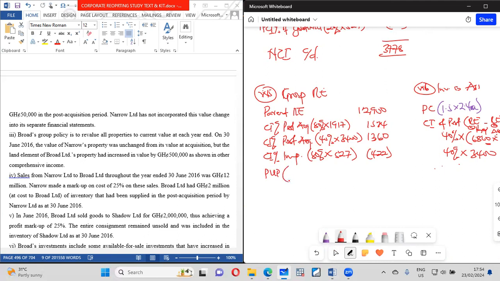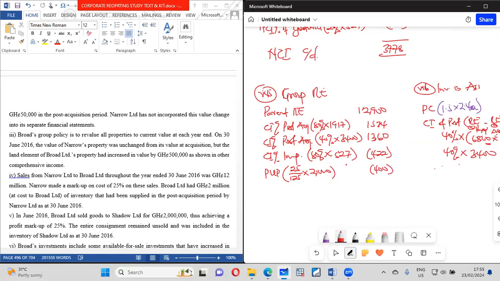So how are we going to do the PAP? The amount we have here is 2 million, and it was communicated as if it was a markup. So what we do is change it to margin. By the 2 million, that gives me 400.